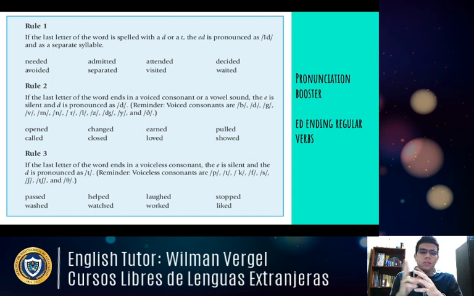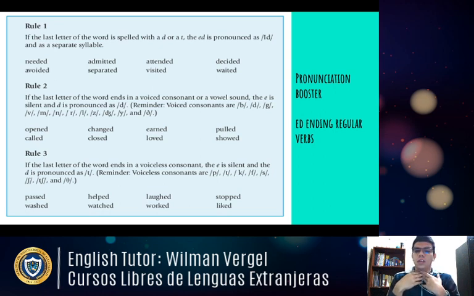Okay, so rule number 2: if the last letter of the word ends in a voiced consonant or vowel sound. What is a voiced consonant? A voiced consonant is a consonant that when you pronounce it, you can feel vibration here, or a vowel sound, because all the vowel sounds vibrate here in your vocal cords.